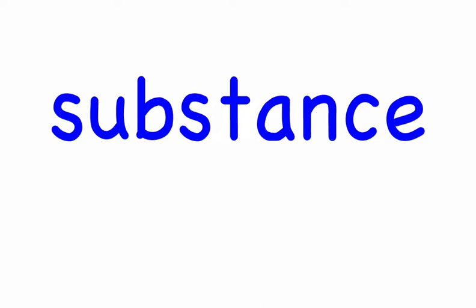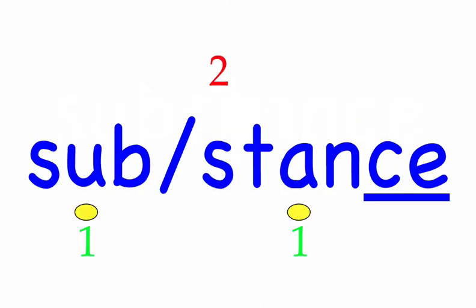Substance. Mark the word. Notice in the second syllable, ST is a blend. The S and the T sounds are each contributing their individual sound to the second syllable. But we don't mark this blend.